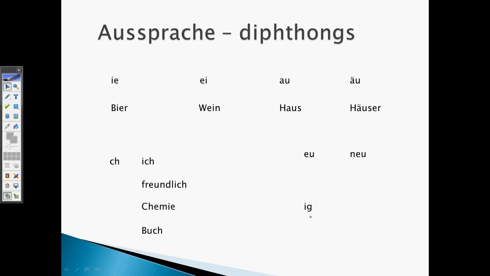But here we have the ig sound. The standard High German or Hochdeutsch pronunciation of this is going to be similar to the ch that you'd see in ich, okay? Like the number vierzig, forty. Some people, particularly in the South, would pronounce that vierzik, okay?